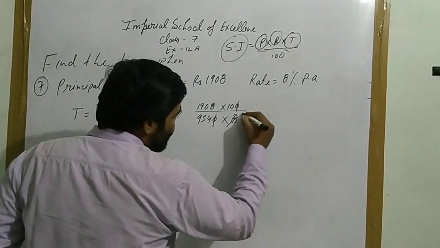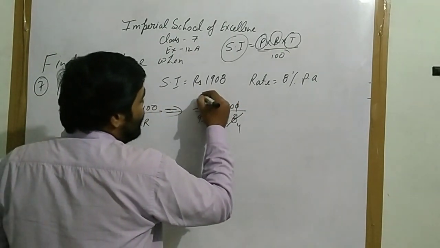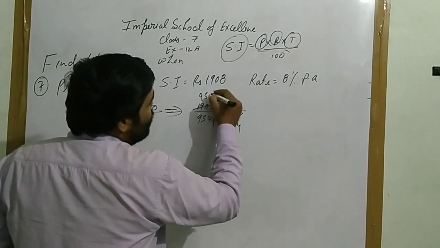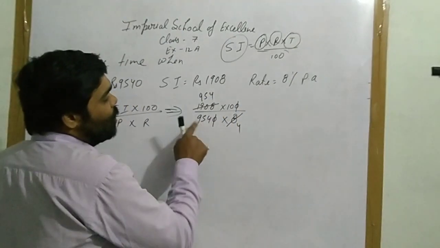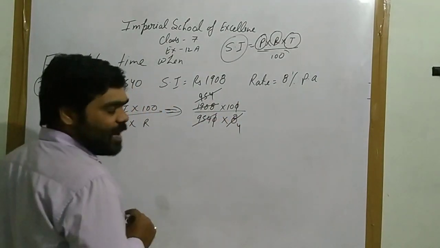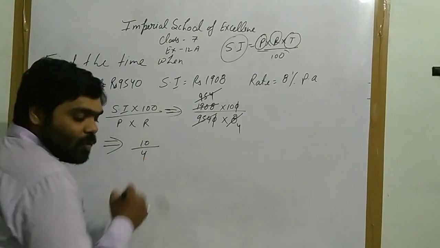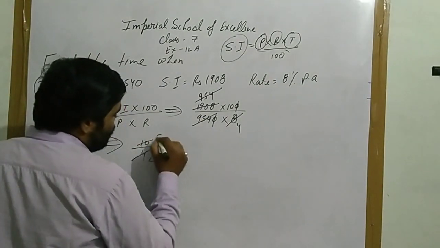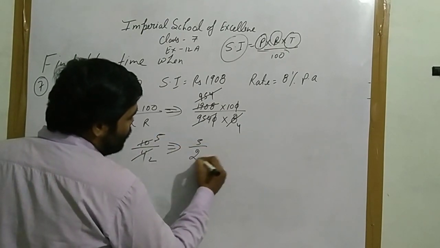Cancelling 954, we get 10 upon 4. You can also solve this: 2 2s are 4, 2 5s are 10, means 5 upon 2.